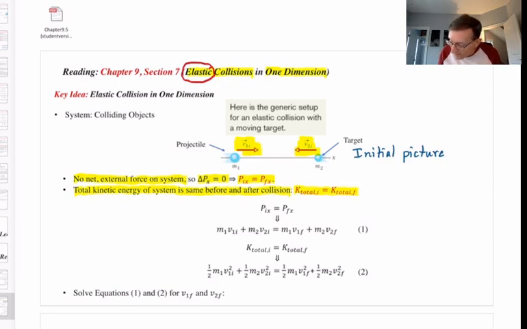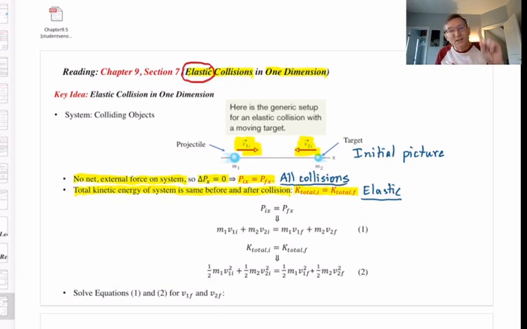That's what elastic means. Okay? Remember, for all collisions in this chapter, all collisions, P initial equals P final. That's what I have up here. All collisions. P initial equals P final.